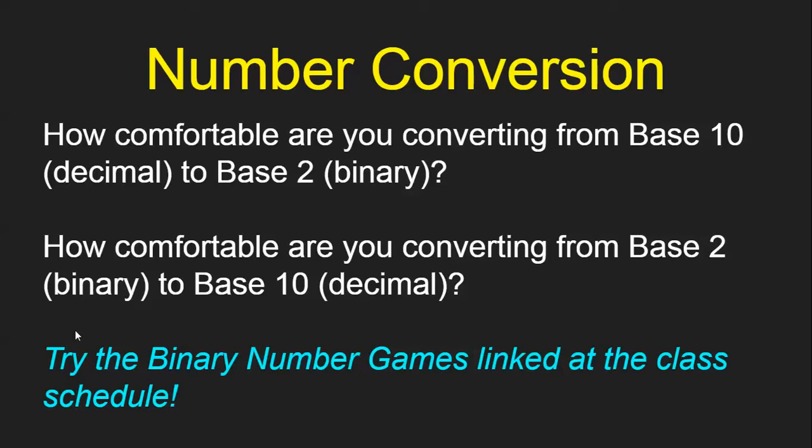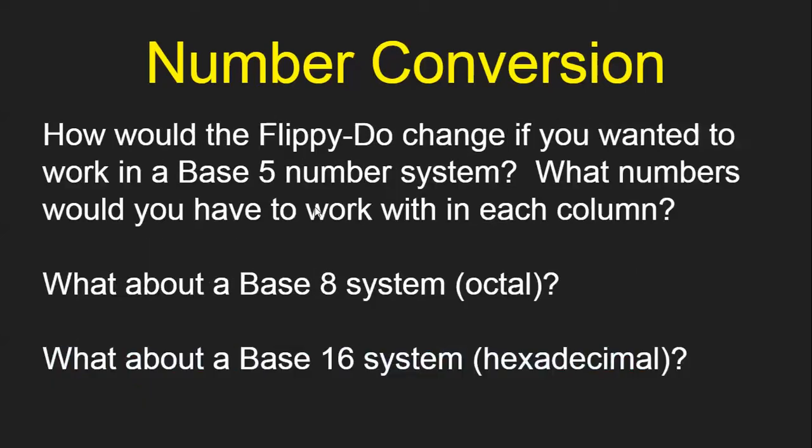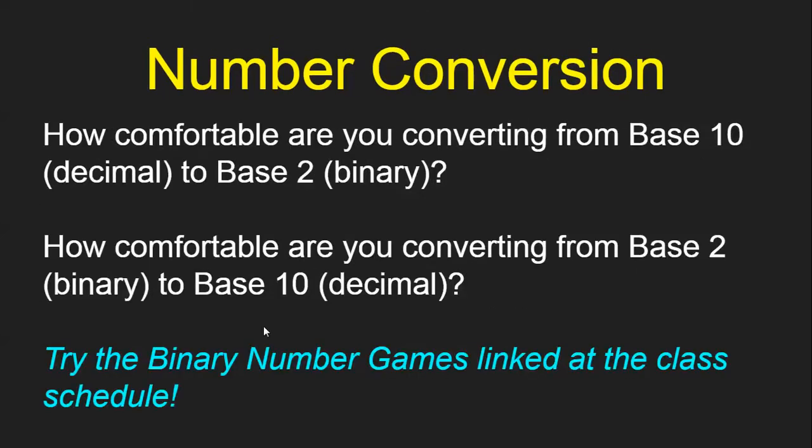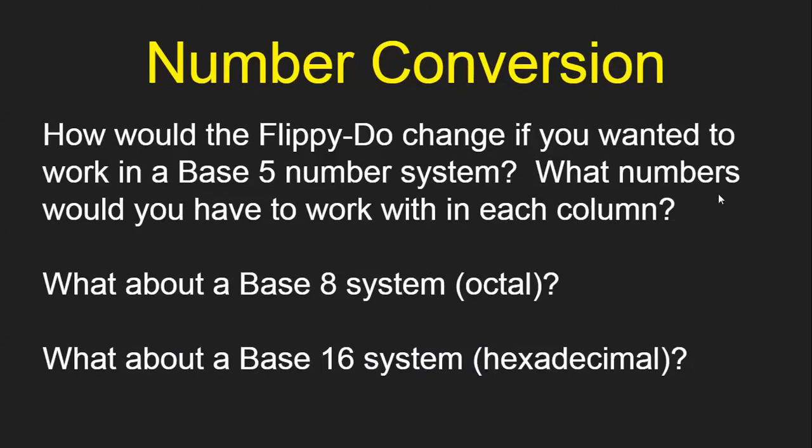And vice versa, if I gave you 11010111, you should be able to plug that into the flippy-do and figure out what the normal base 10 number would be. If not, go to the class schedule and look for the binary number games and play around with it until you get a little bit more familiar.